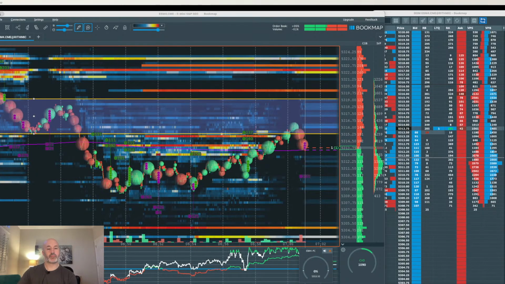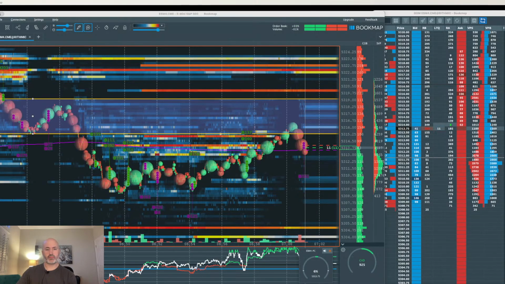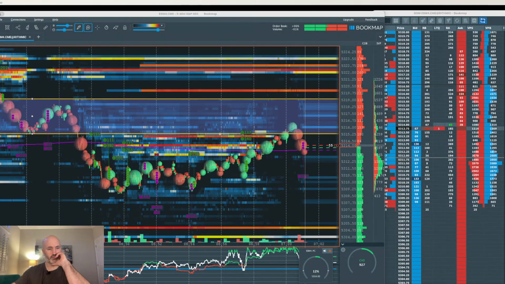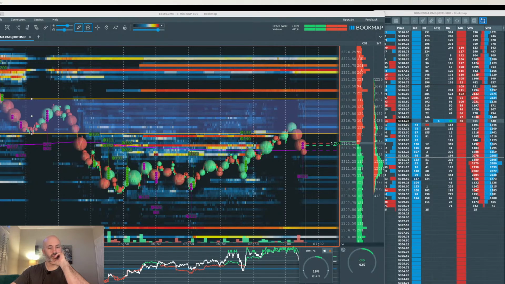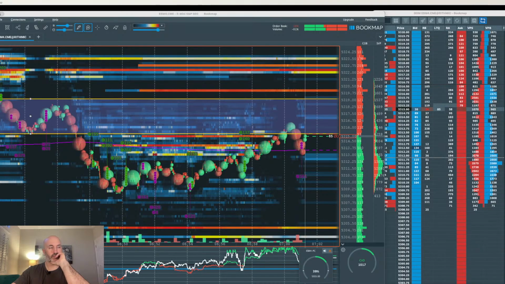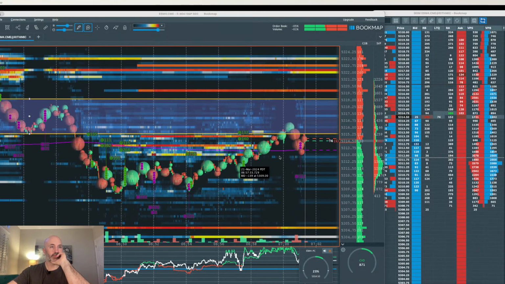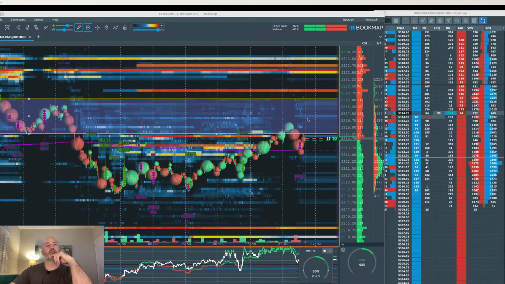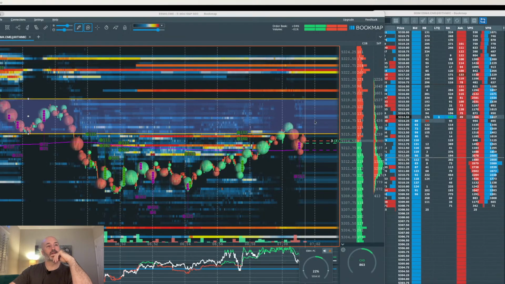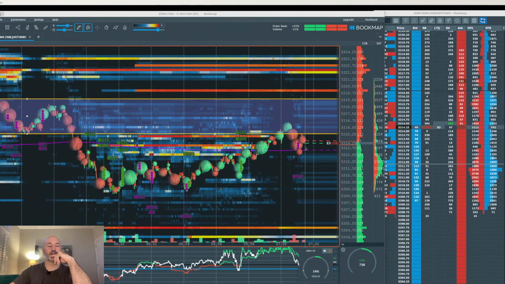Sweep ESM for CME sellers at 5,313.75. Now you'll notice there's no book really sitting up here. It's really small book. You'll see it on the depth of market. Nothing major stepping in.